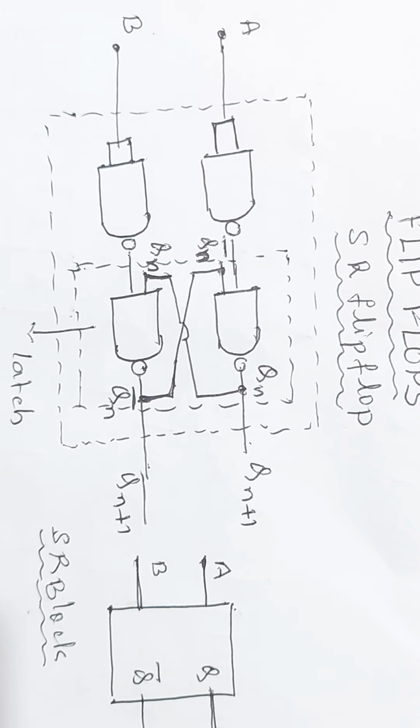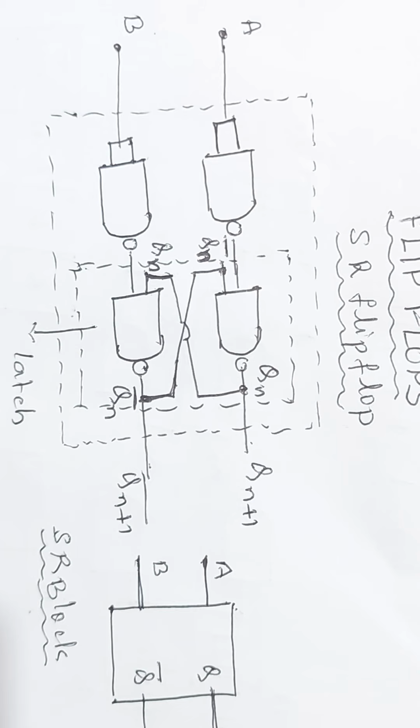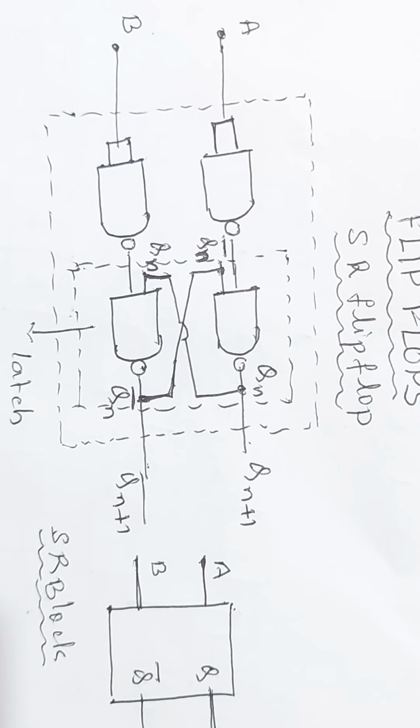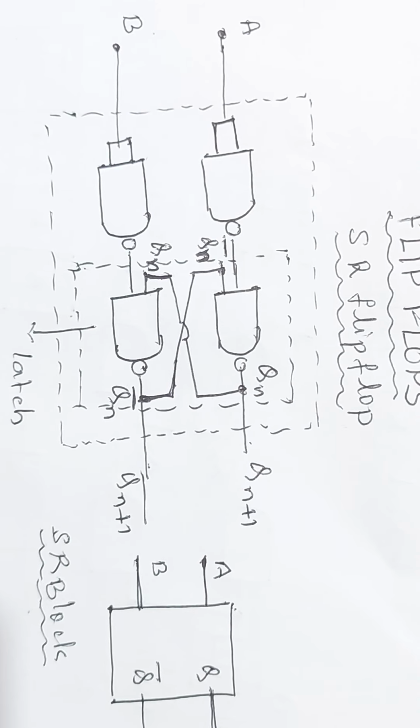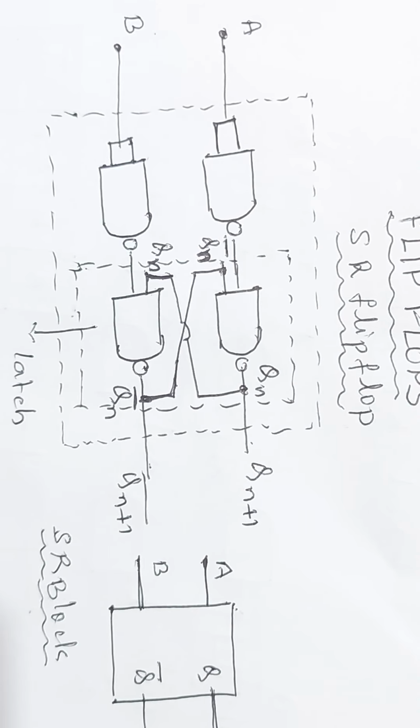If one output is 1, the other output is 0, because the two outputs are complementary to each other.